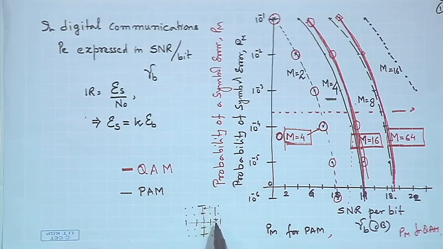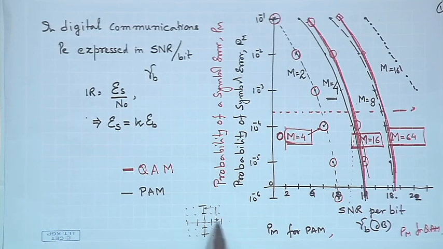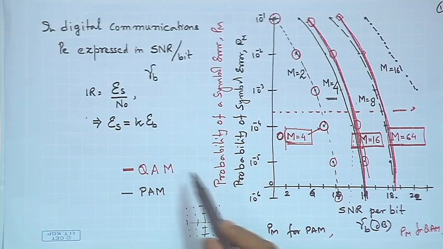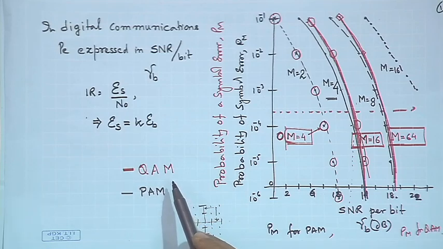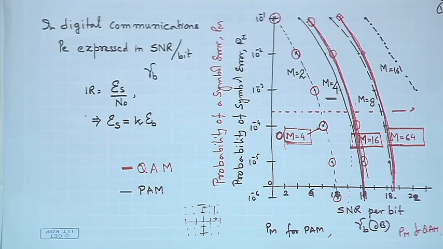So, once its component is taken on the I PAM, then you can find the appropriate PAM signal on the I channel, and you can also do the same on the Q channel, and accordingly we derived the error probability for QAM.